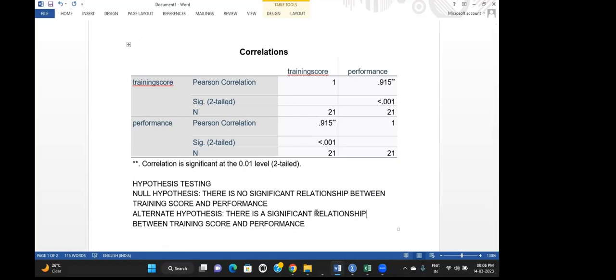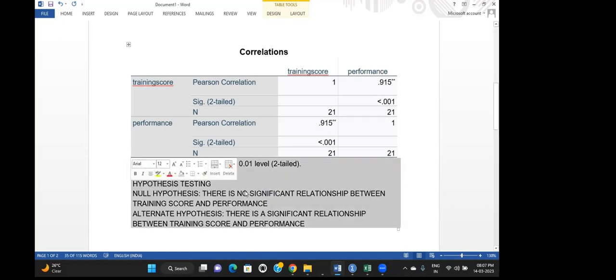Okay, so what is the null hypothesis? There is no significant relationship between training score and performance. The value has come out to be positive and highly correlated, but now we want to check whether there is a significant relationship between these two or not, the training score and their performance, right? So how do we test that? We test that with the help of hypothesis testing.